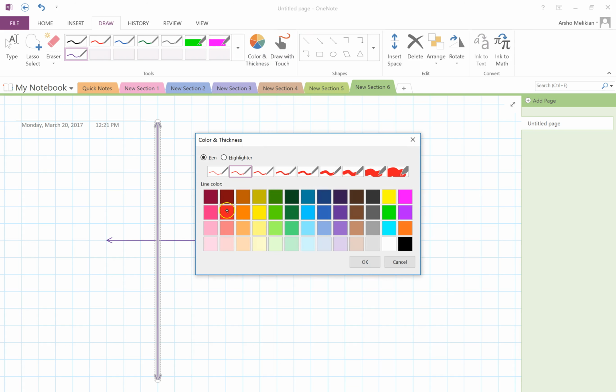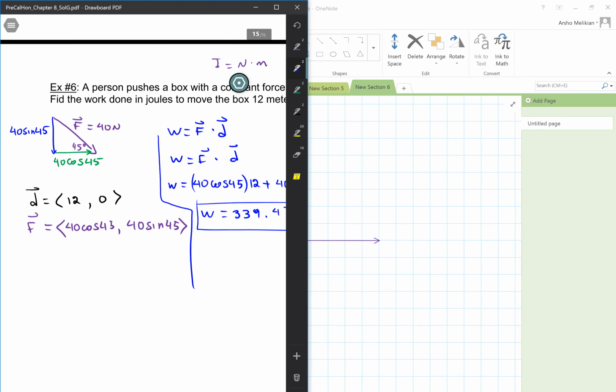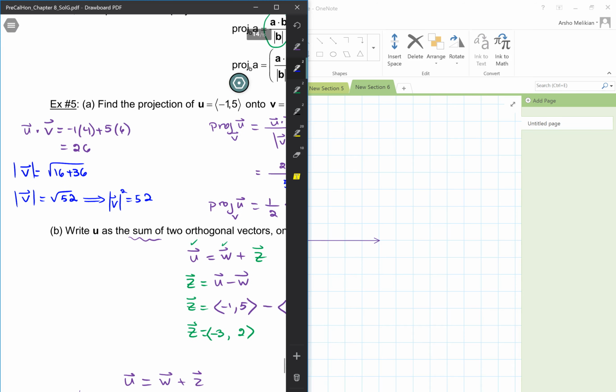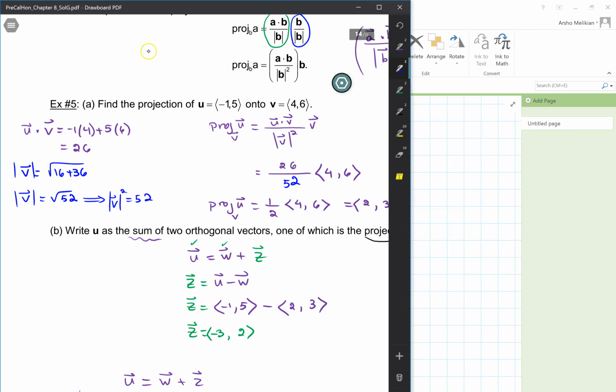So I'm going to go back to example 5. Remember example 5? We have two vectors, -1, 5, and 4, 6. So I'm going to draw those here.